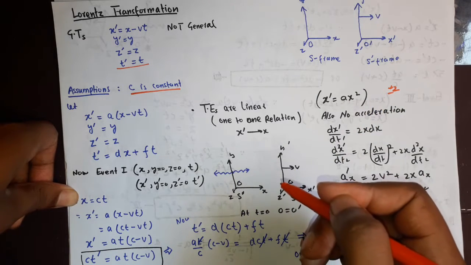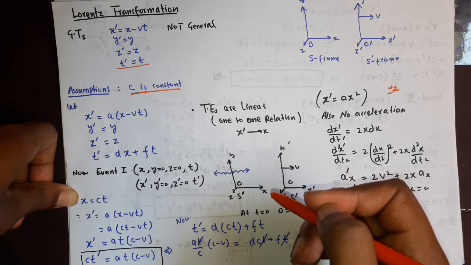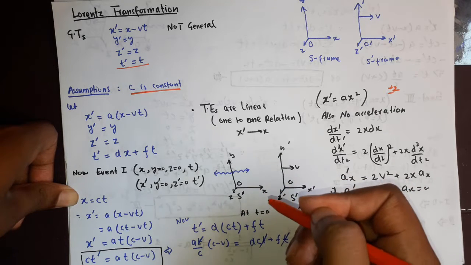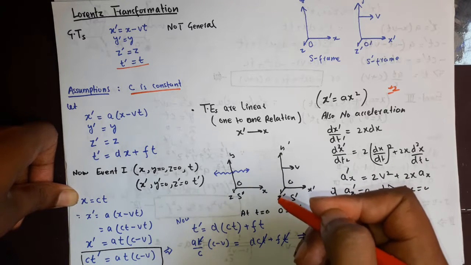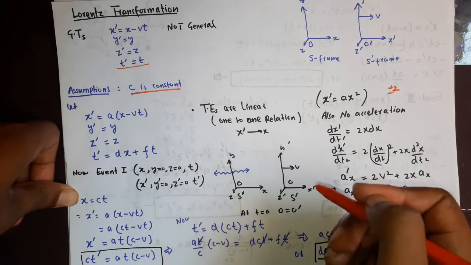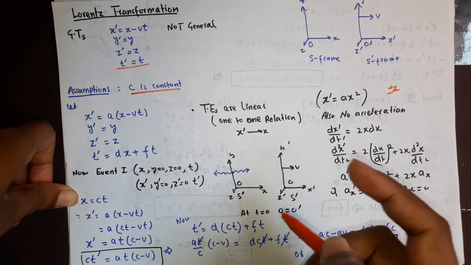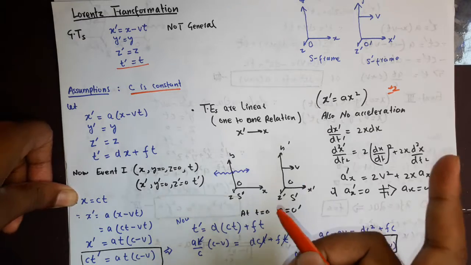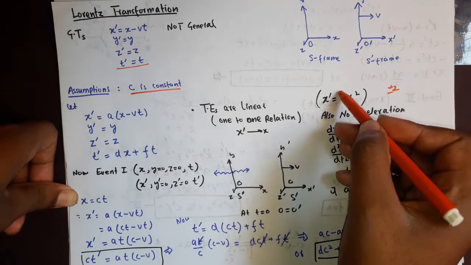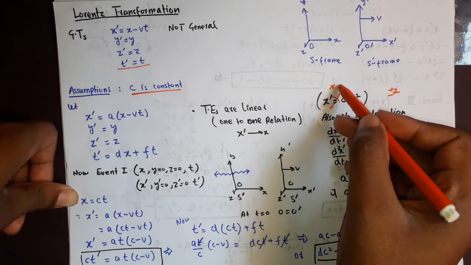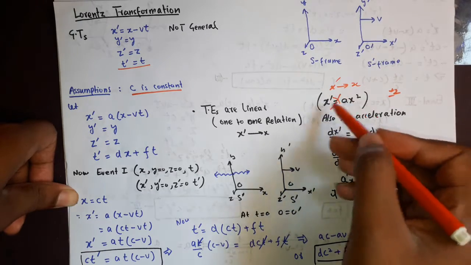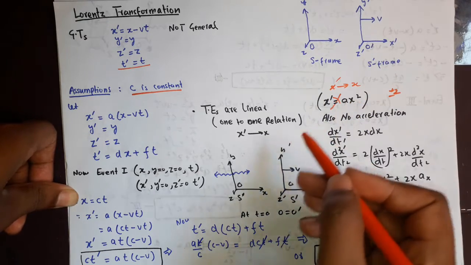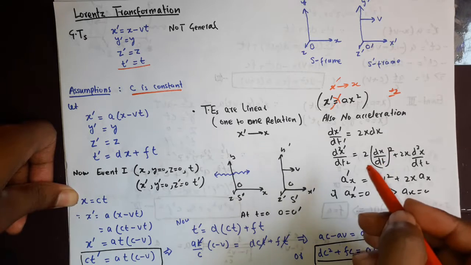If there is an event at one particular location in one frame, this event should be at one particular location in another frame. So this is not true. We should have relations that are linear with one-to-one correspondence.